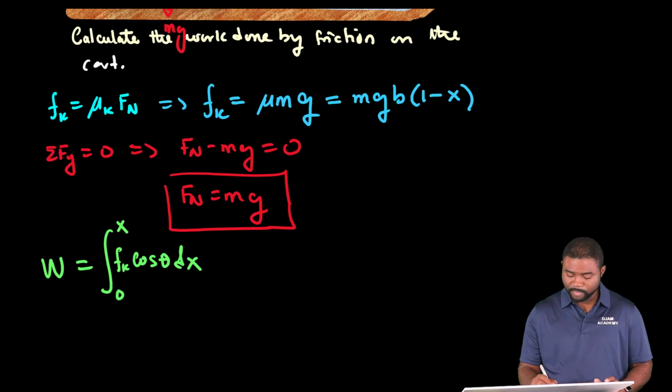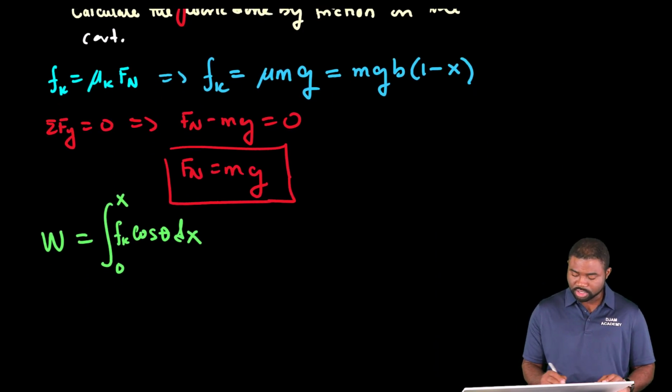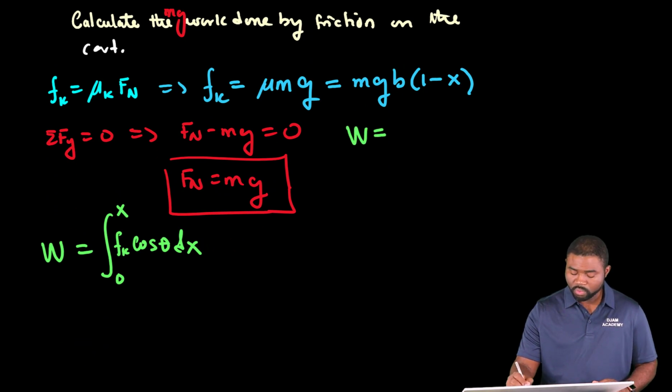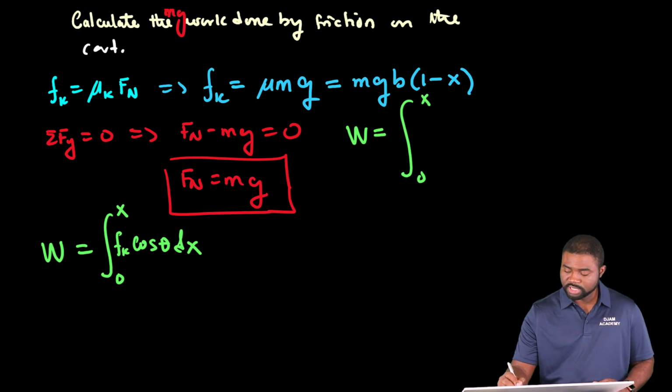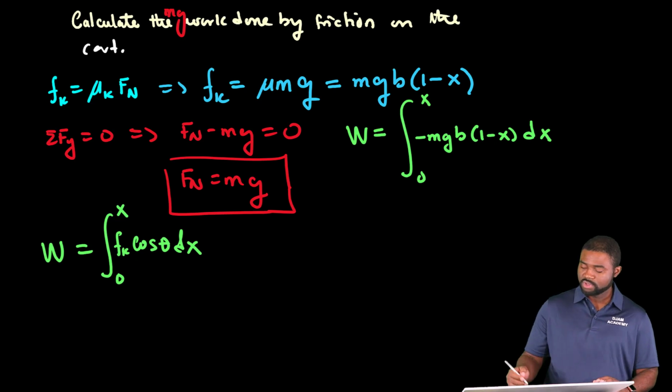So this would mean that W will become the integral from 0 to x of negative mg b (1 - x) dx.